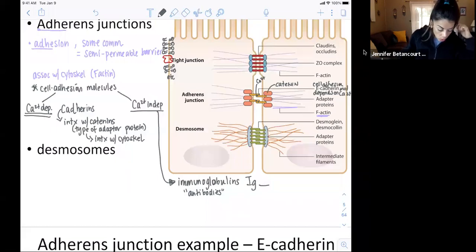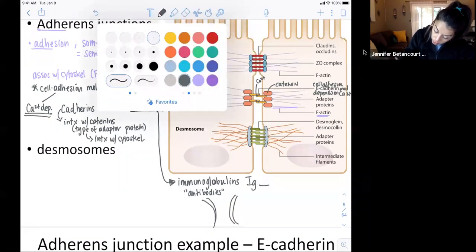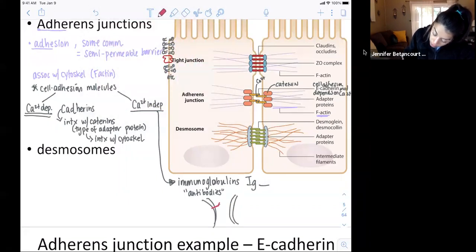Okay. So we don't know if they interact with the cytoskeleton on the inside. That's kind of up for debate. There's some researchers that show data that that is the case, others that show data that that is not the case. So if we were drawing, let's say, here's your two cells, and then let's draw their little immunoglobulins that are on the outside. Cool.